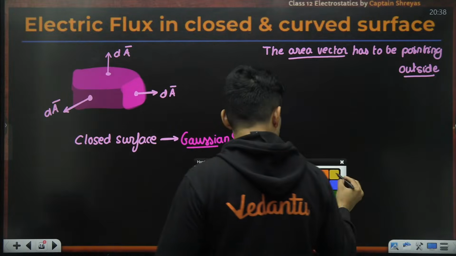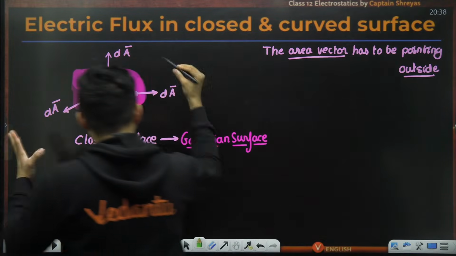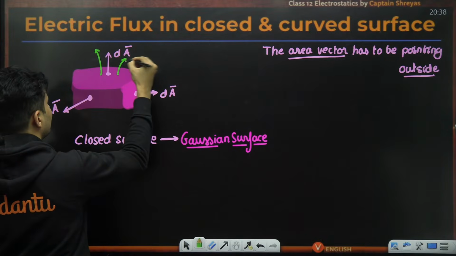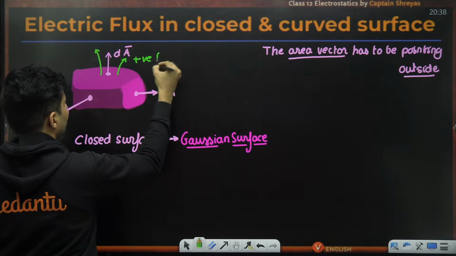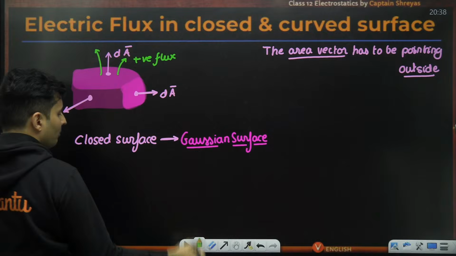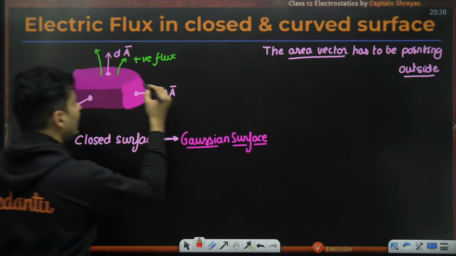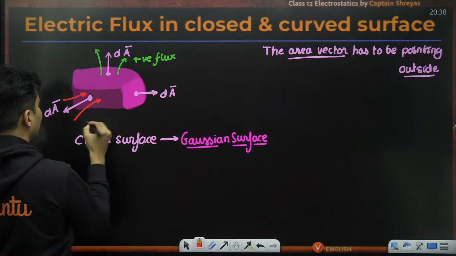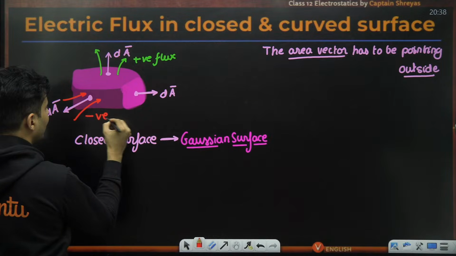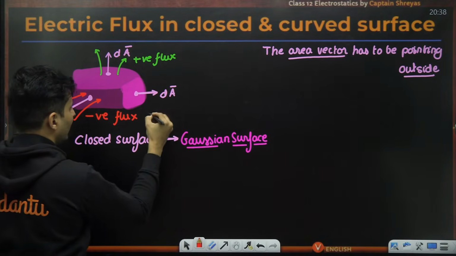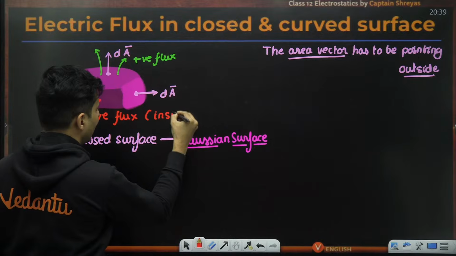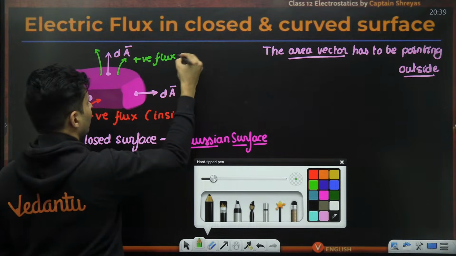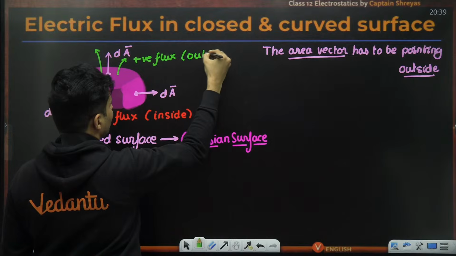Which also means that if there is any field which is coming out like this, that will be positive flux. But if there is any field which is going in like this, that will be considered as negative flux. So negative flux goes inside the surface, whereas positive flux comes outside.